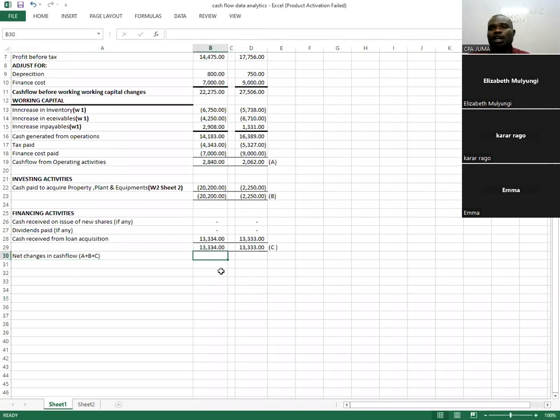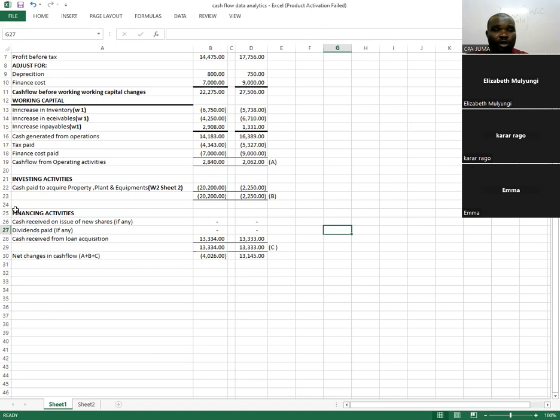So for each year, you add A plus B plus C. So it equals this one, A is there, plus B, don't put minus because it's already a bracket, plus C. I get 4026 negative. Also that one, plus that one, plus that one there. So those are my nets, those are my net cash flow.